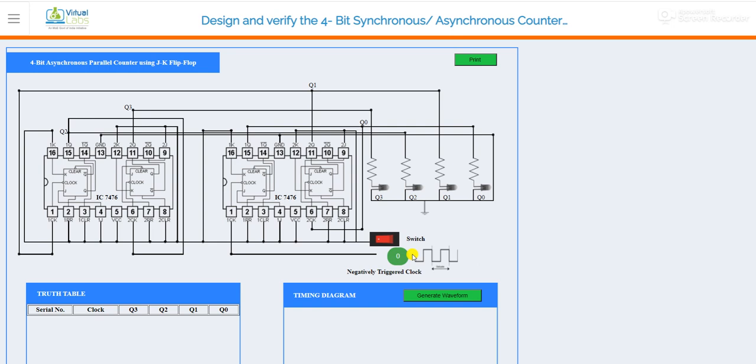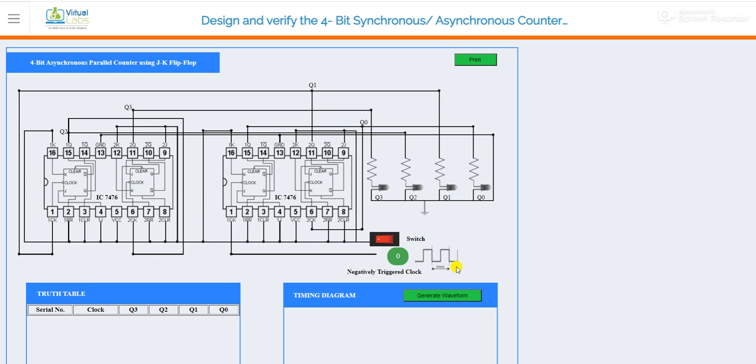So this counter, or you can say this JK flip-flop, is working with the negative triggered clock. As you can see, this negative sign, this circle, is basically representing the negative part of the clock. So the negative triggered clock is basically used to perform the operation of this particular 4-bit counter.